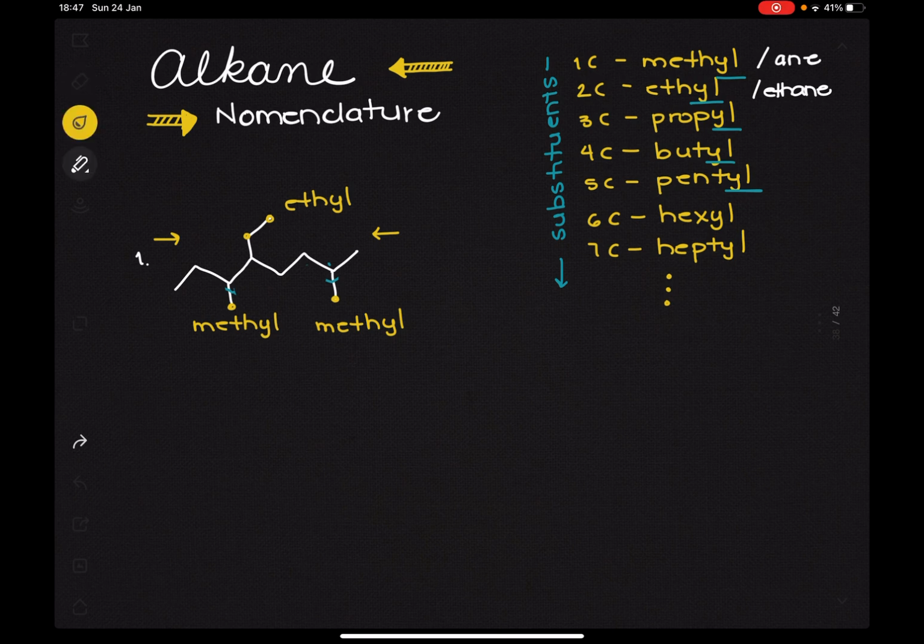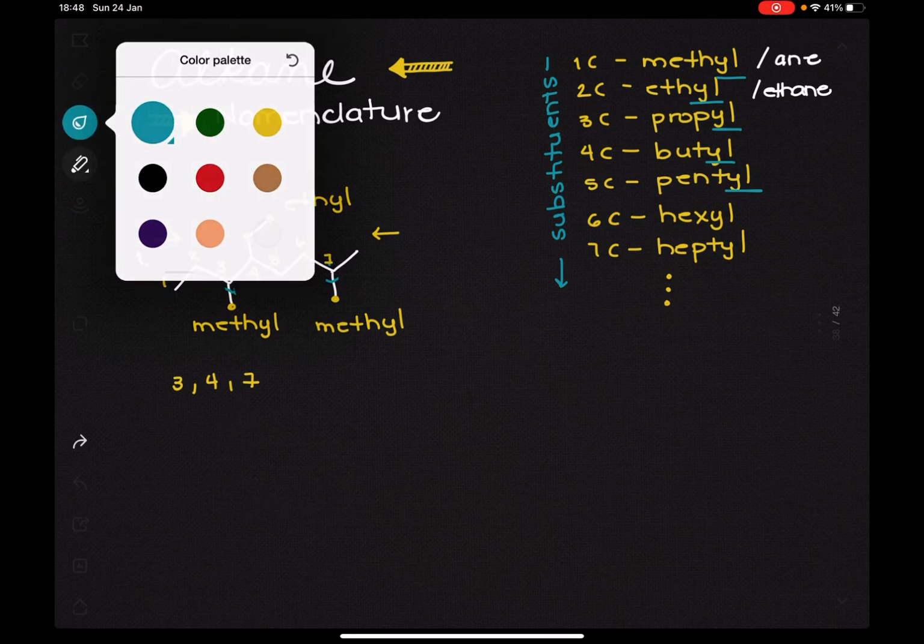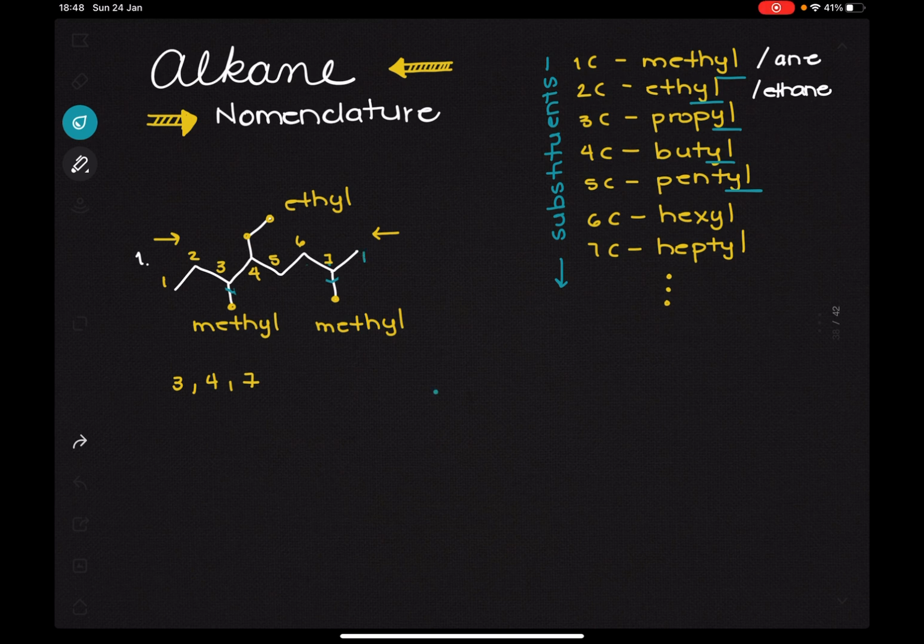So if we start with yellow, I have 1, 2, 3, 4, 5, 6, 7. So my substituents are going to be in 3, in 4, and in 7 if I number from left to right. If I do from right to left, I have 1, 2, 3, 4, 5, 6, 7, and 8.